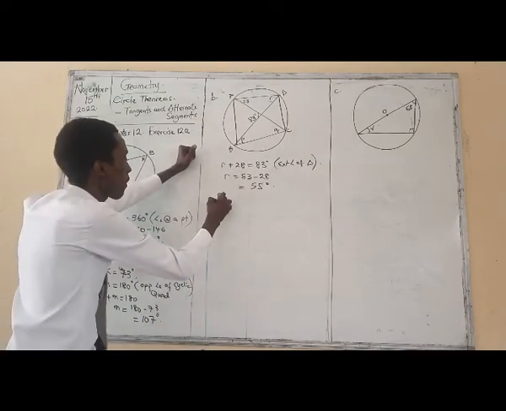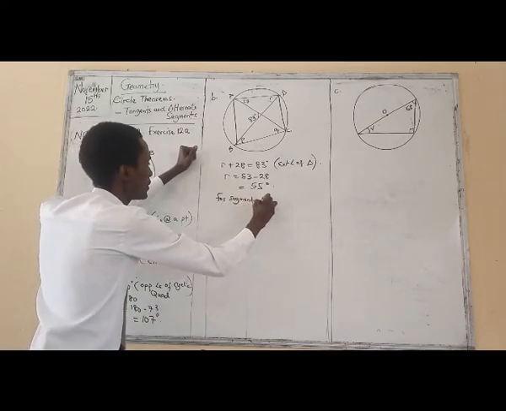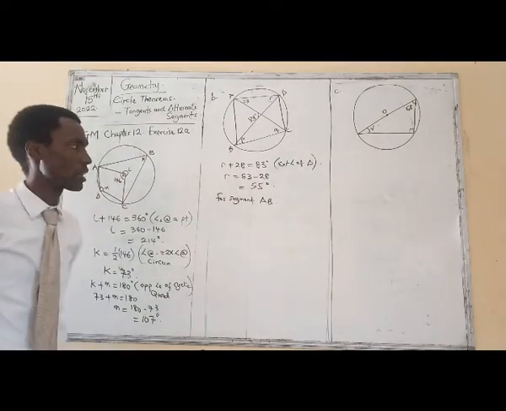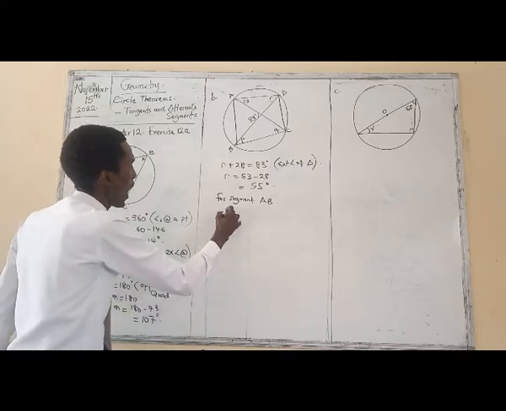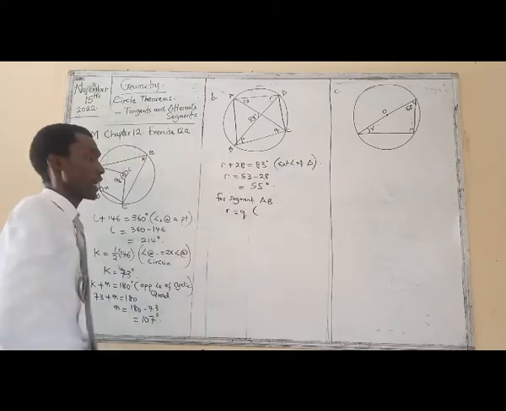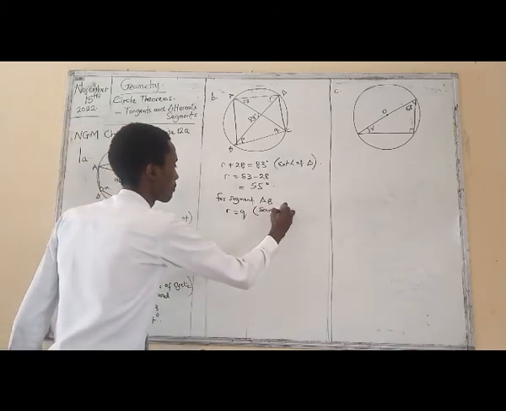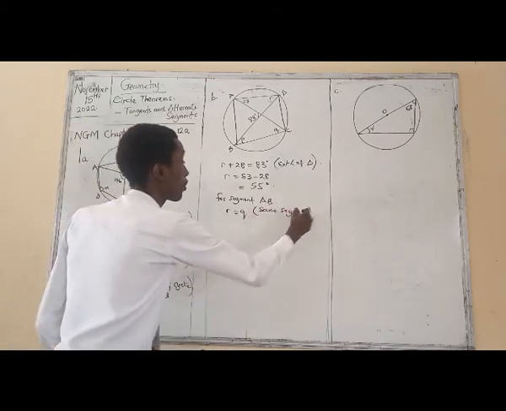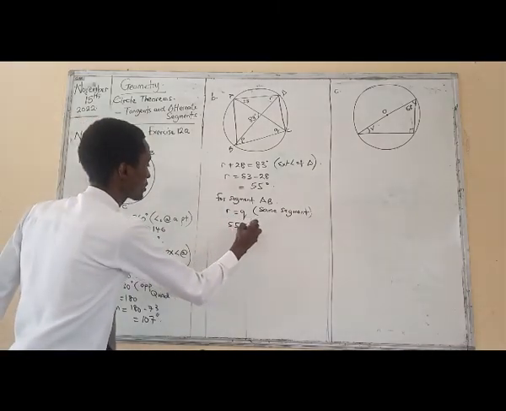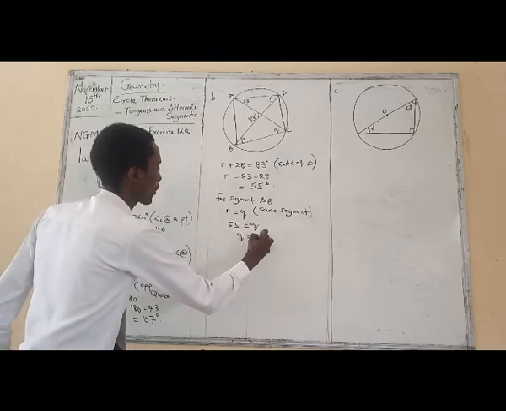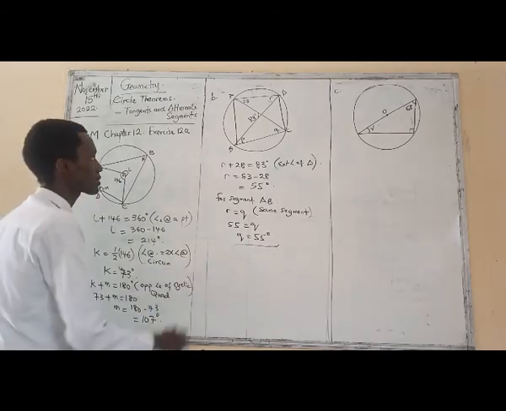So I will say for segment AB, let's start with AB, in no particular order, I can say that R is equal to Q. What's the reason for that? Same segment. Recall that I already know what R is, is that not? So I can say that 55 degrees is equal to Q, and Q will be equal to 55 degrees. Settled.